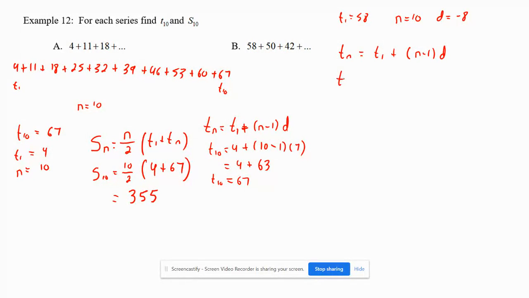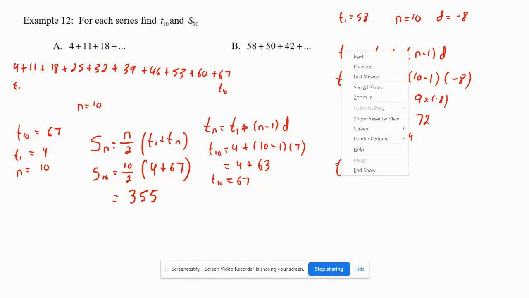So that means T10 is 58 plus 10 minus 1 times negative 8, which is 58 plus 9 times negative 8, which is 58 minus 72, which is negative 14. So that means T10, our 10th term, is negative 14.